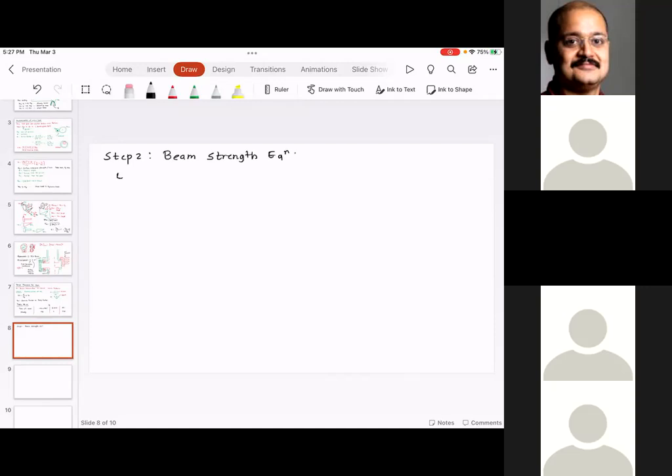So this beam strength equation is WT equals sigma W multiplied by B multiplied by pi multiplied by M multiplied by Y. Now here comes a very important question.